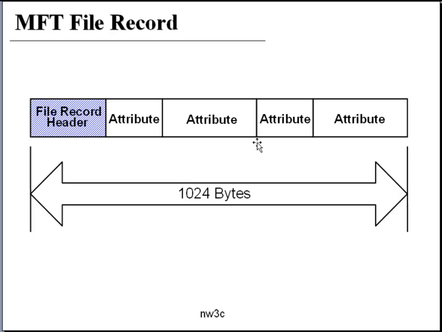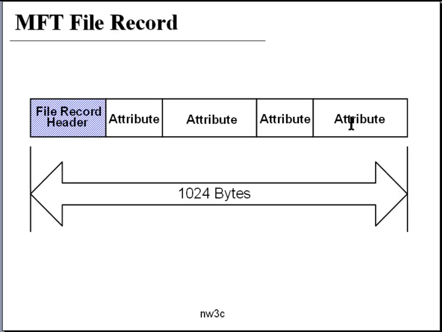So the object here would be the file, and then you'd have the various attributes associated with the file, and then each attribute would have a value. So you would have, for instance, the attribute name. You would have a short name, you would have a long name, you would have a modified time, you would have an access time, and you would have a created time.